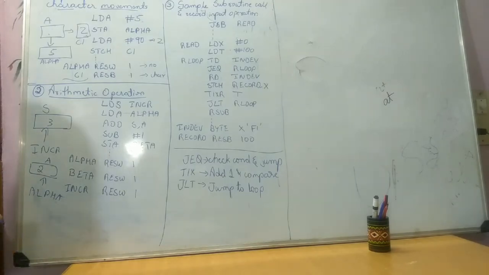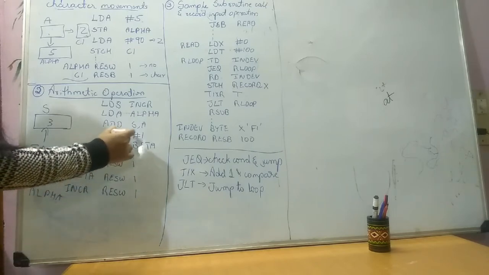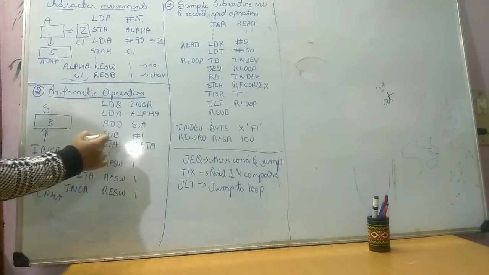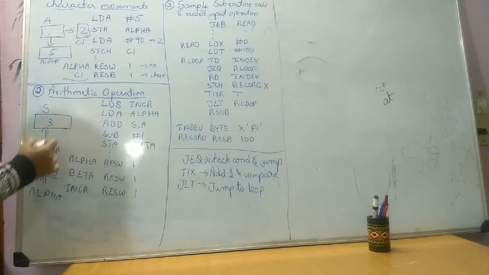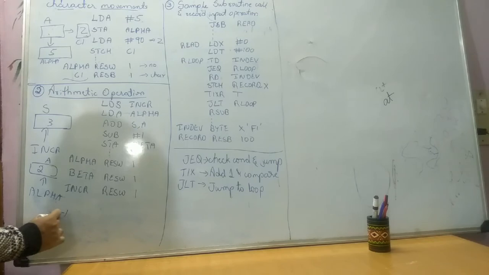So then subtract minus 1. See here, where it has to subtract, by default it subtracts the value which is stored in the accumulator. So minus 1 will be done, and it will be stored in the beta.